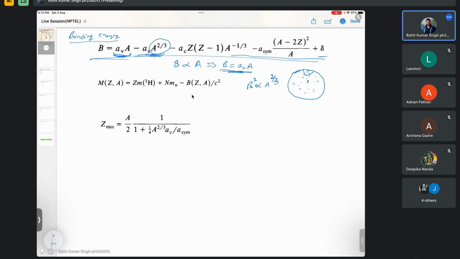Okay, now then comes this third term. It is also subtracted. This is due to the Coulomb force. We know that protons are positively charged particles, and they will experience Coulomb repulsion, right? Each proton will experience the Coulomb repulsion due to all the other protons in the nucleus.